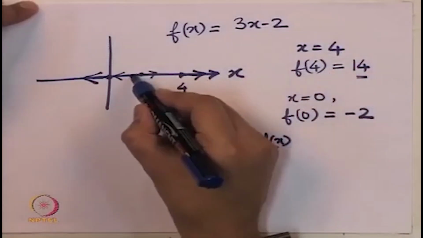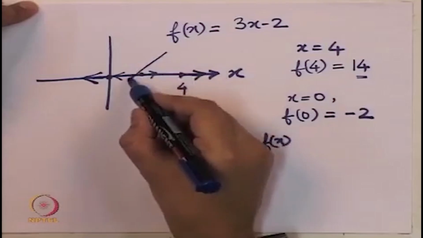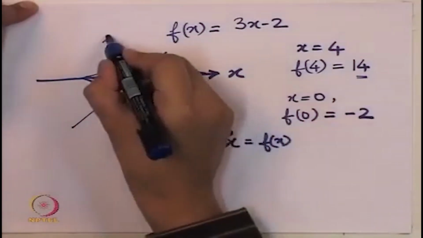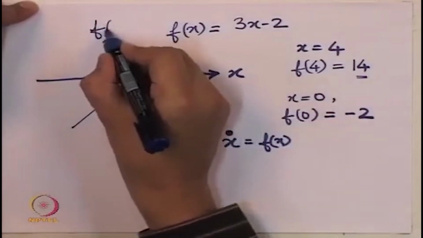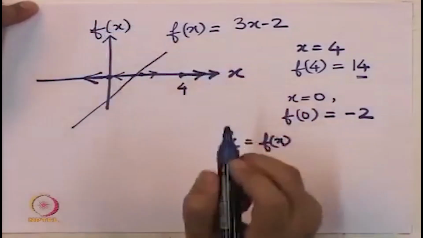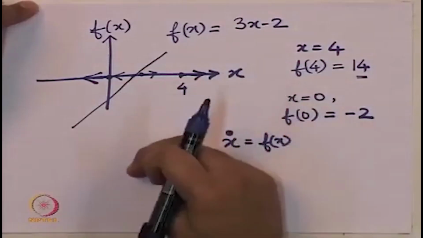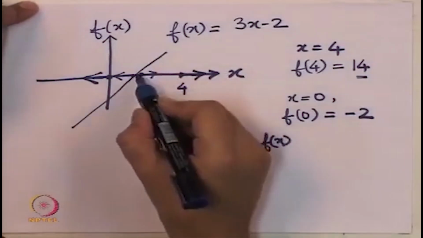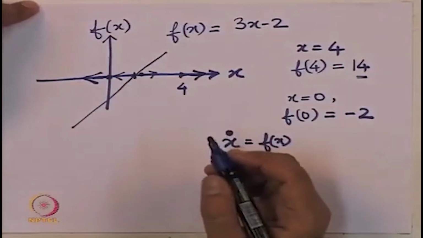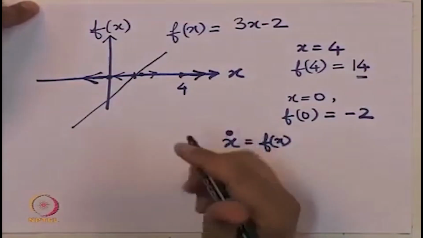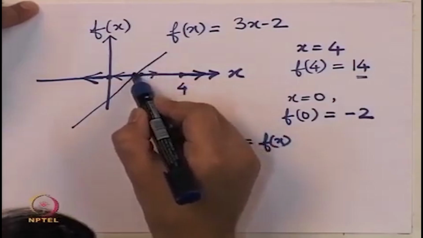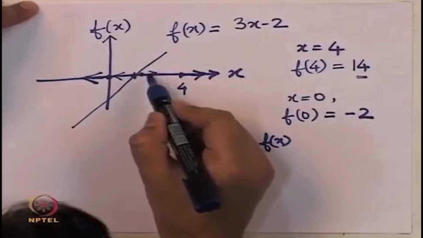So, suppose 2 by 3 is a point here and f of x is a line. Now we are going to plot a graph of f versus x. Even though x itself was a function of time, we are plotting f as a function of x, and we see that we get this line which passes through the point x equal to 2 by 3. At this point f becomes equal to 0. So, at this point the vector has length 0.